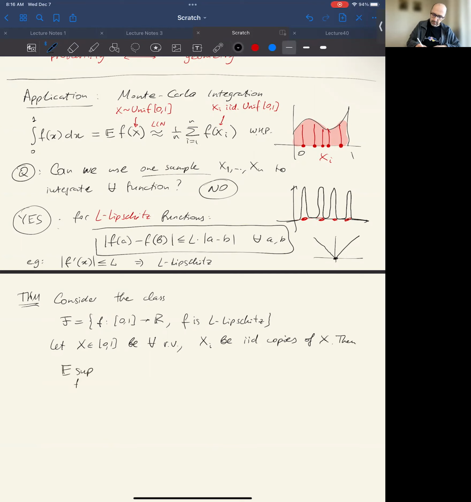Then, if you look at the sample average and compare it to the true mean, which is the integral, the bound is like this.